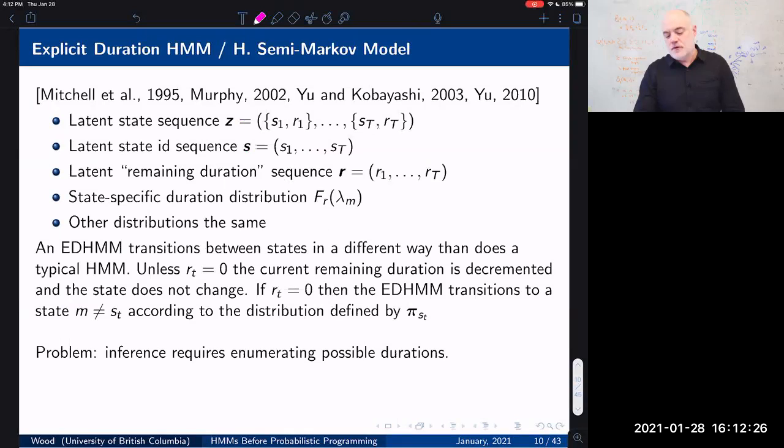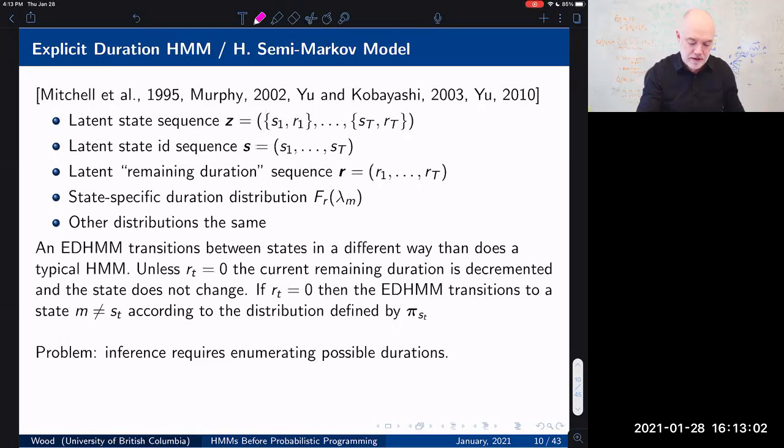Okay, so there's been a whole bunch of work for a long time on explicit duration HMMs or hidden semi-Markov models, where the latent state is also decomposed into a vector that affects the transition probability from one state to the next. So the full latent state will be a sequence of tuples, each of which is a state identity, just like before.